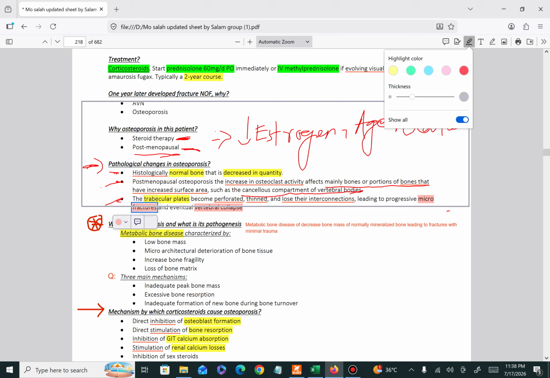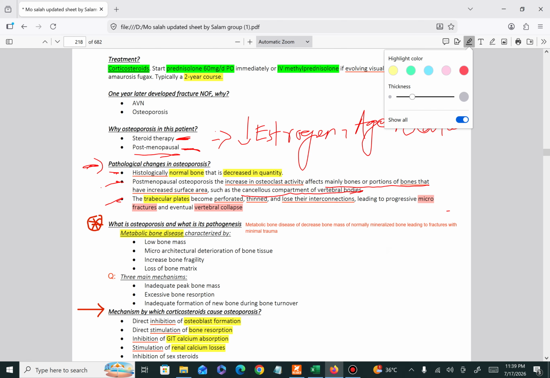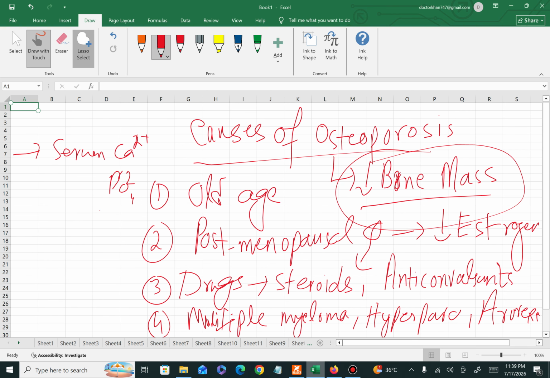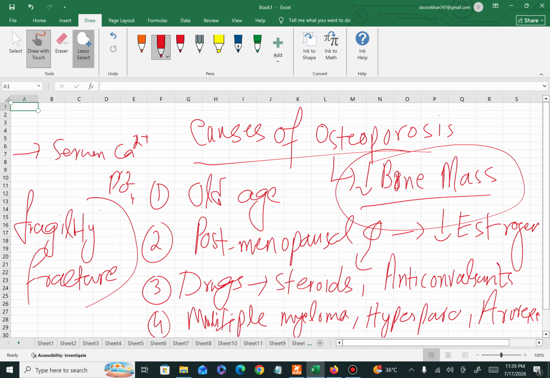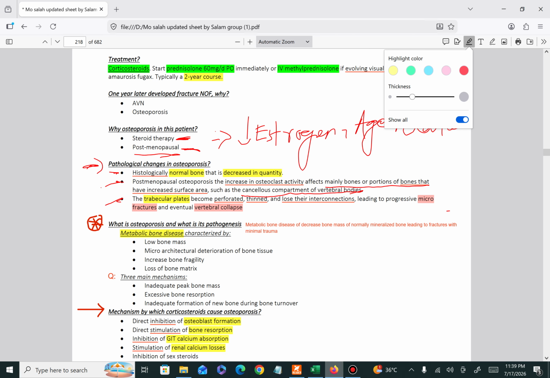The trabeculae become perforated, thin, and lose their interconnection, leading to progressive microfractures and eventual vertebral collapse. So in osteoporosis, there is fragility fracture, which means fracture from minimal trauma in the hip region or vertebra region.